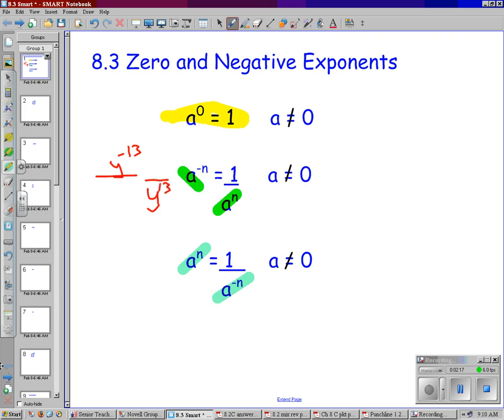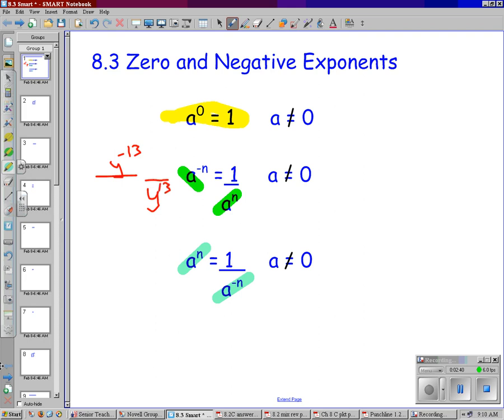Any questions there? Jake? So technically, if you like to work with positives, and you have a negative and you want to make it a positive, just flip it to the other side. Exactly. When we do our answers for section 8.3, all answers will have positive exponents when you get done.